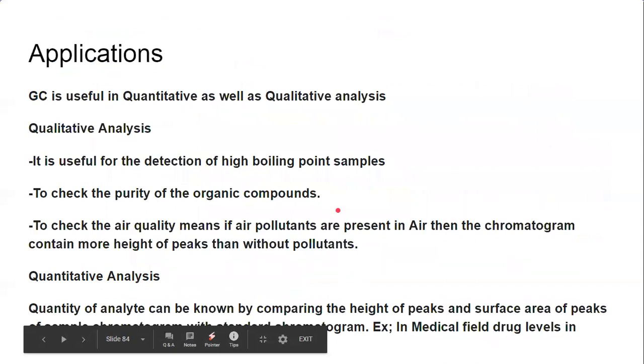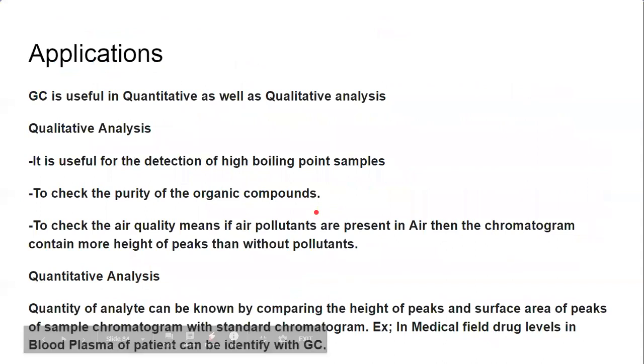Okay, next let's see the applications. So this was about the gas chromatography working principle in diagram, instrumentation, functions of instruments, and procedure. Next, applications. Where do we use gas chromatography? Gas chromatography can be used in qualitative analysis as well as in quantitative analysis.